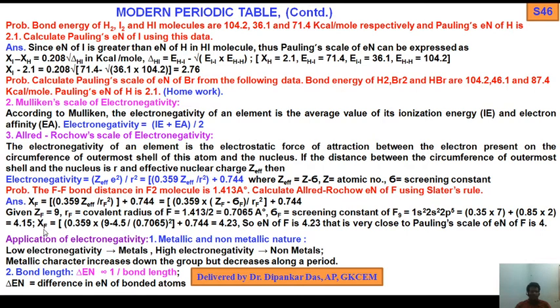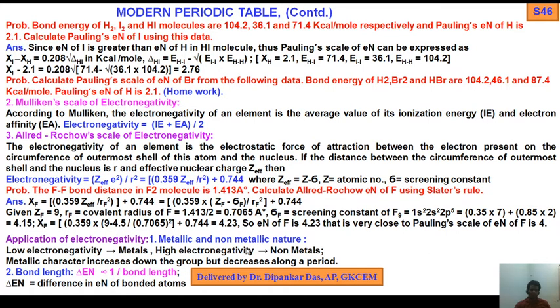Given Z, the atomic number of fluorine, is 9. The covalent radius of fluorine is 1.413 by 2, so this is 0.7065 angstrom.